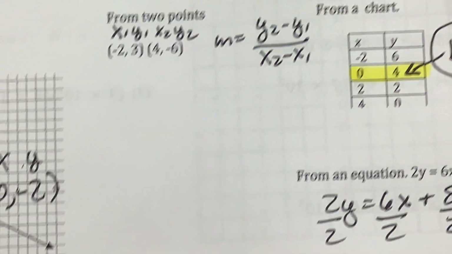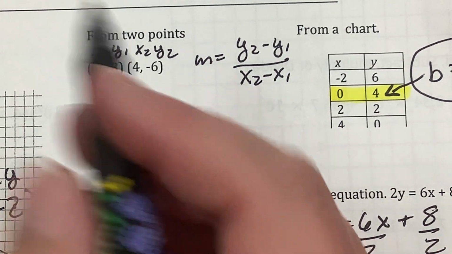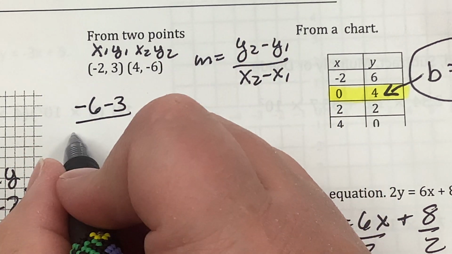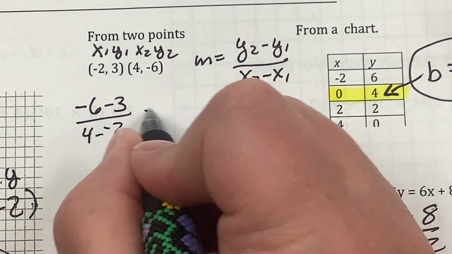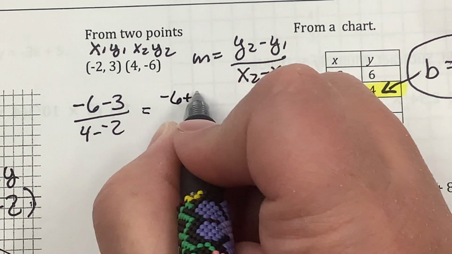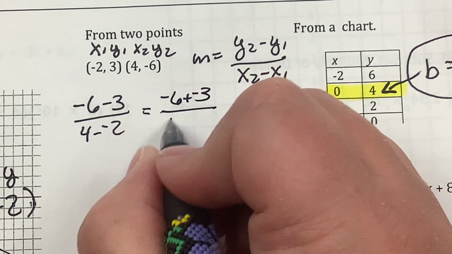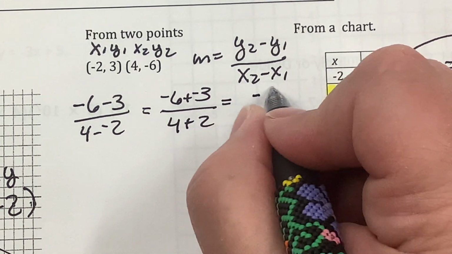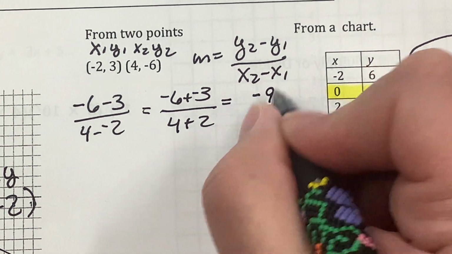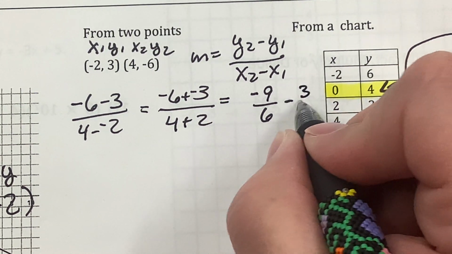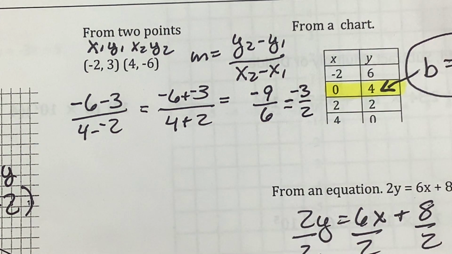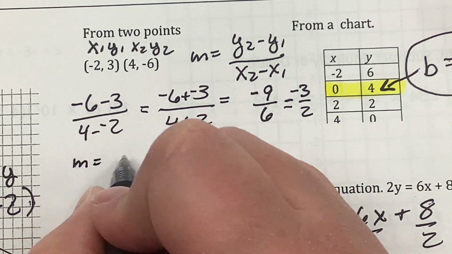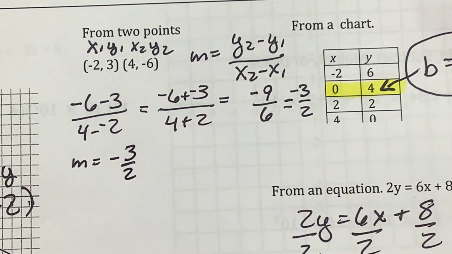Make this big enough so you could see it. -6 minus 3 over 4 minus -2. Keep change, -6 plus -3 over 4 plus 2. It's going to be -9 over 6, which is -3 over 2. That's the slope, that's the m. So m equals -3 over 2.